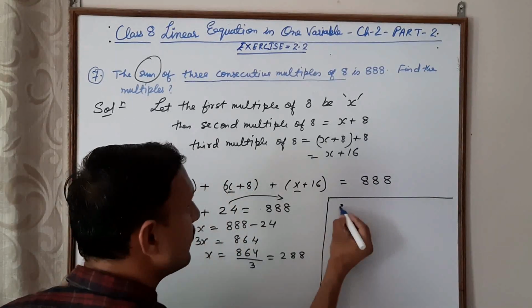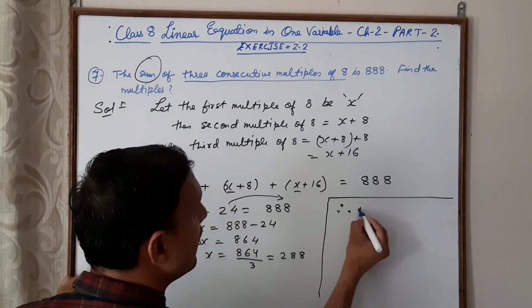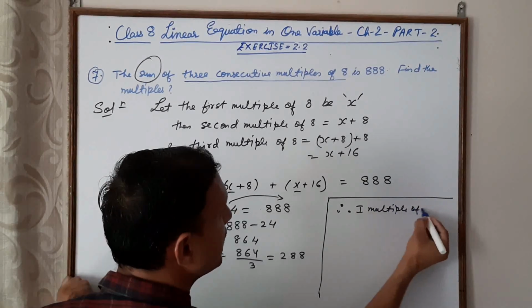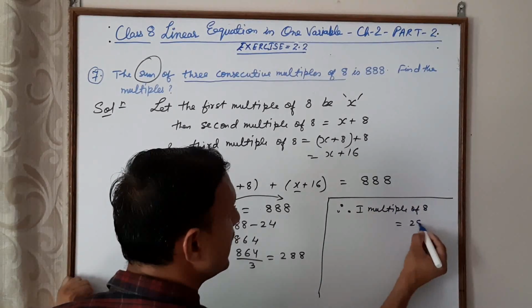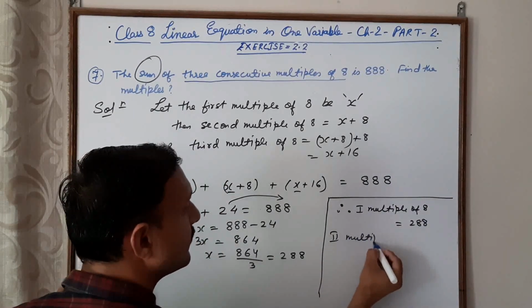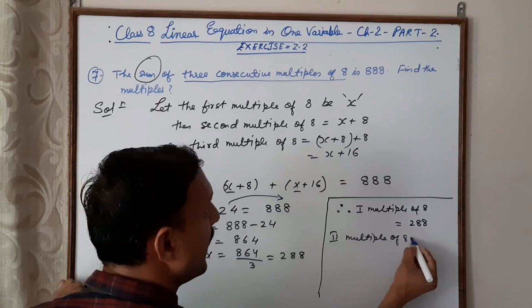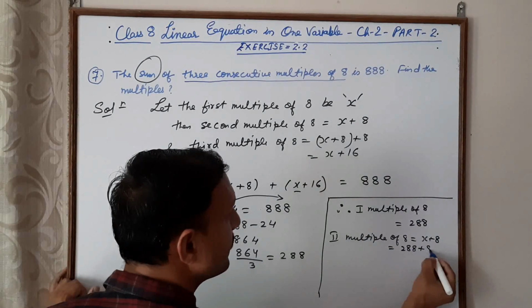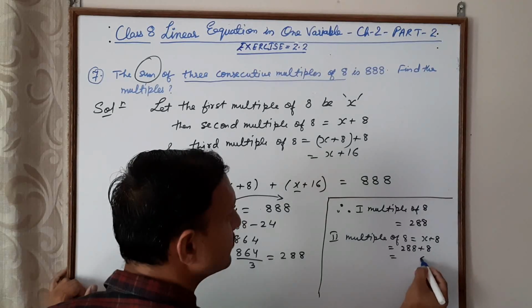Therefore, the first multiple of 8 equals 288. The second multiple of 8, x plus 8, equals 288 plus 8, 296.